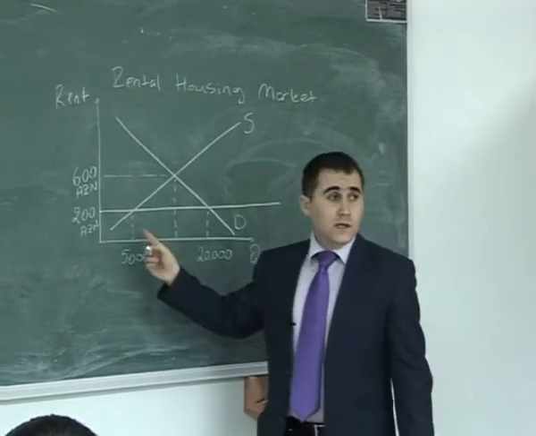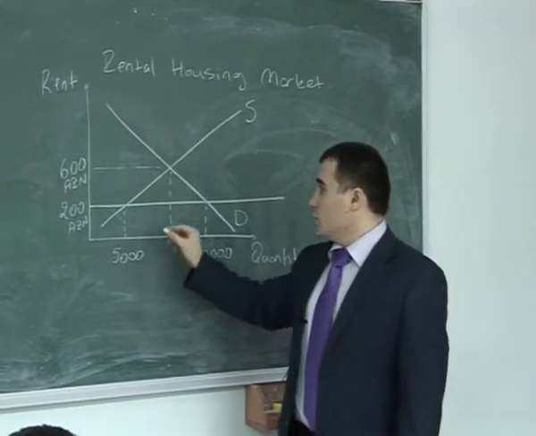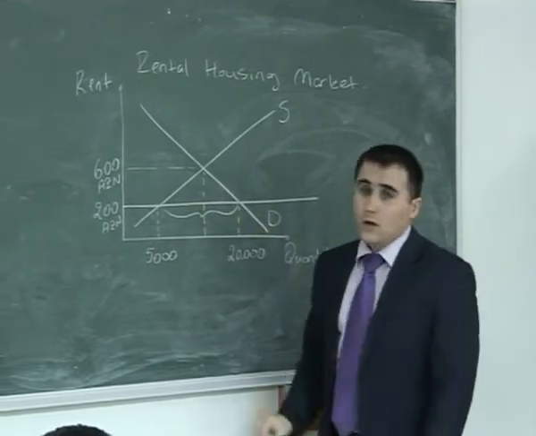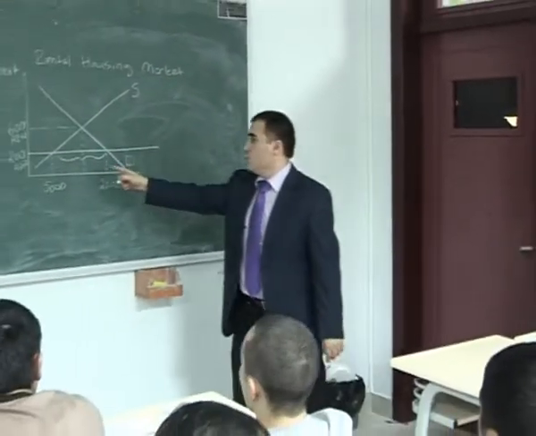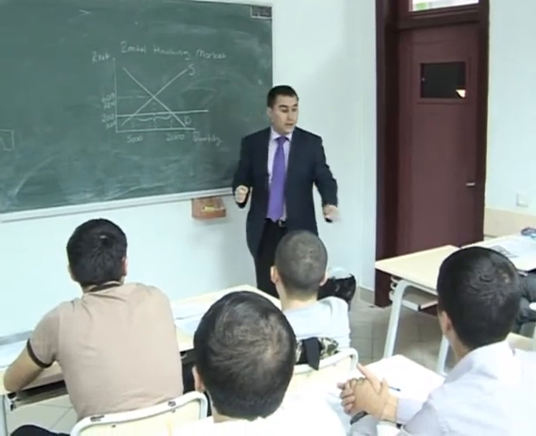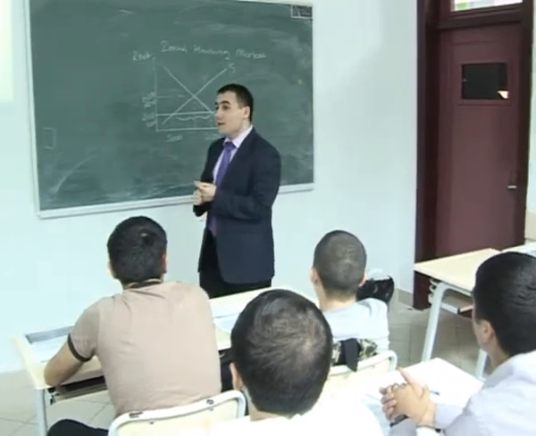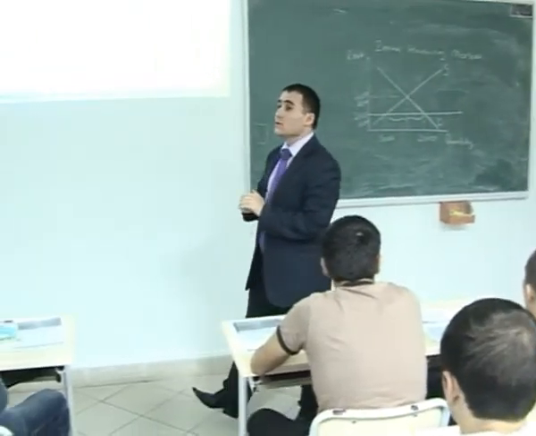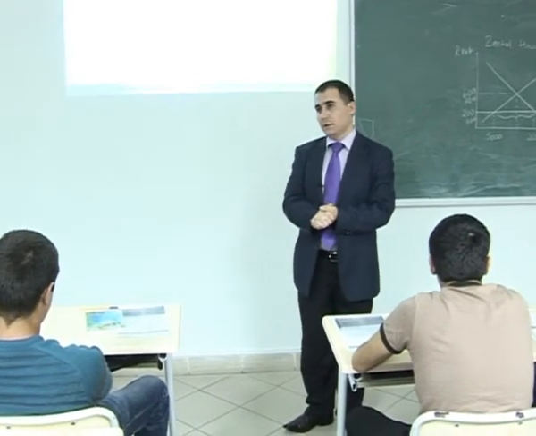So who are the lucky ones? Who are the lucky guys? They get this number. The shortage in this market is 15,000 apartments. 15,000 demands for rental houses are not met by the supply.